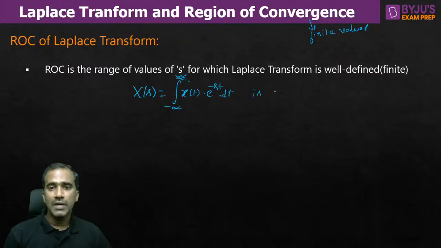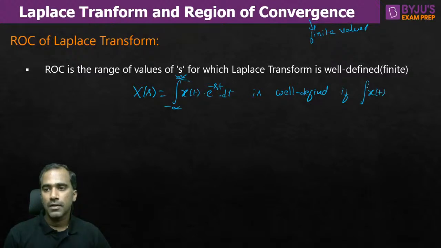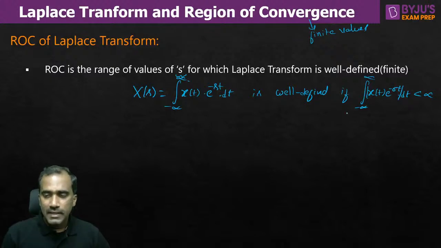This is the Laplace transform formula. The Laplace transform is well defined if this condition holds, the condition that we have written in the previous slide. Now let us learn it in more detail. It is well defined if this condition is satisfied.